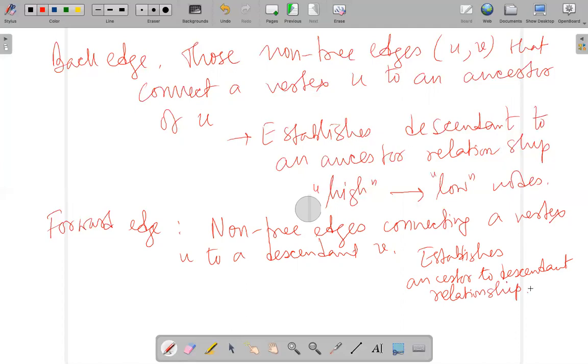So these again are low to high nodes. However, these are non-tree, low to high nodes. So the tree edges are direct descendants. These are non-tree edges. We will soon see an example and things will be more clear.